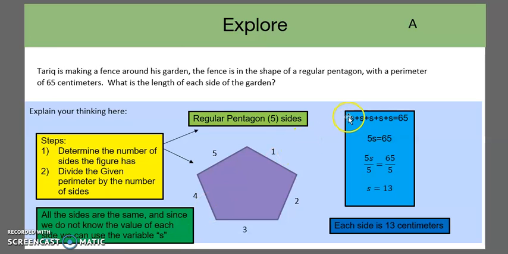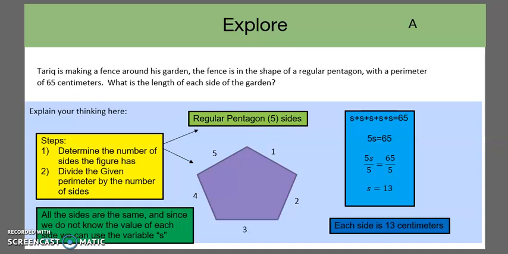We set it equal to 65 and combine the s's to say 5s equals 65. Because 5 and s are being multiplied, we do the inverse operation and divide by 5 on both sides. 65 divided by 5 is 13. Therefore, each side is 13 centimeters.